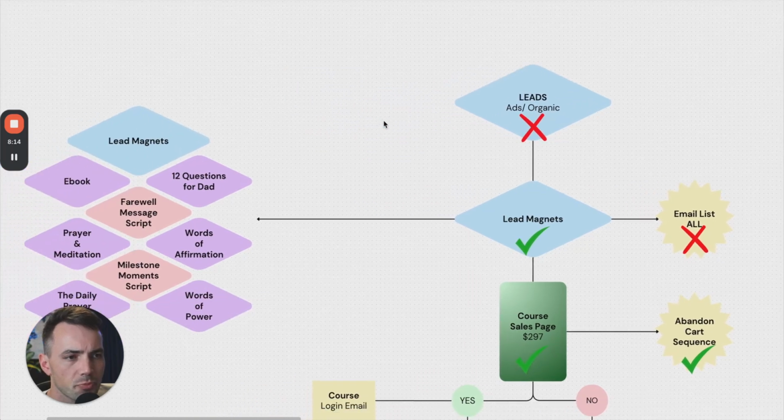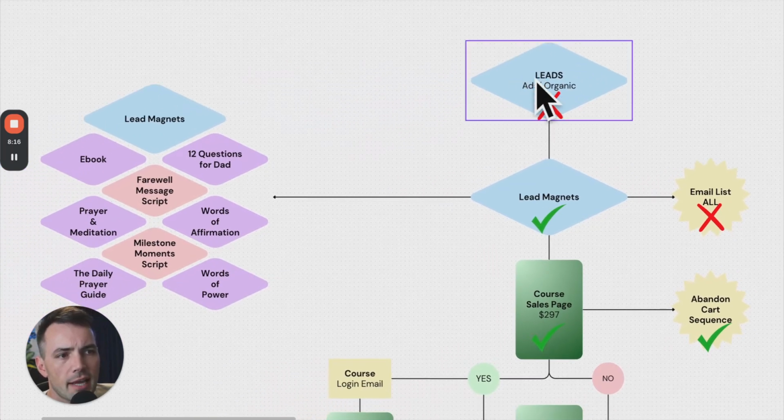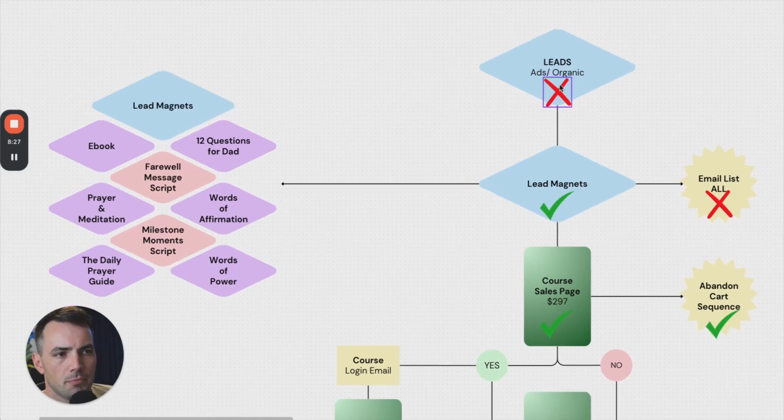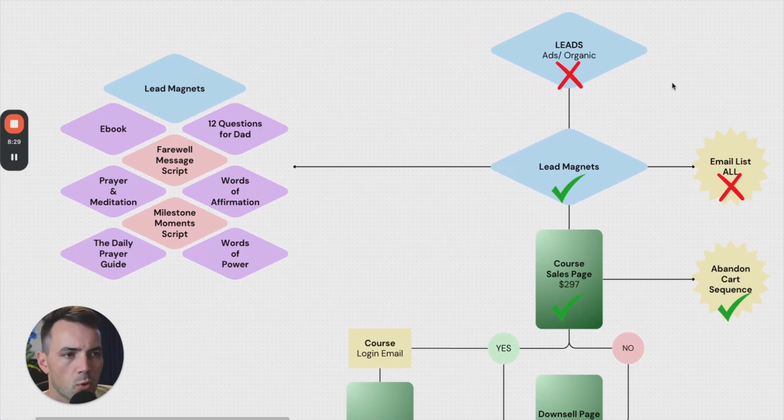Now, where is this ad going? Okay, that's very important. So if you create an ad, I could create an ad right now saying, hey, I have this course, it's called Legacy View. Click the button below to learn more, whatever.